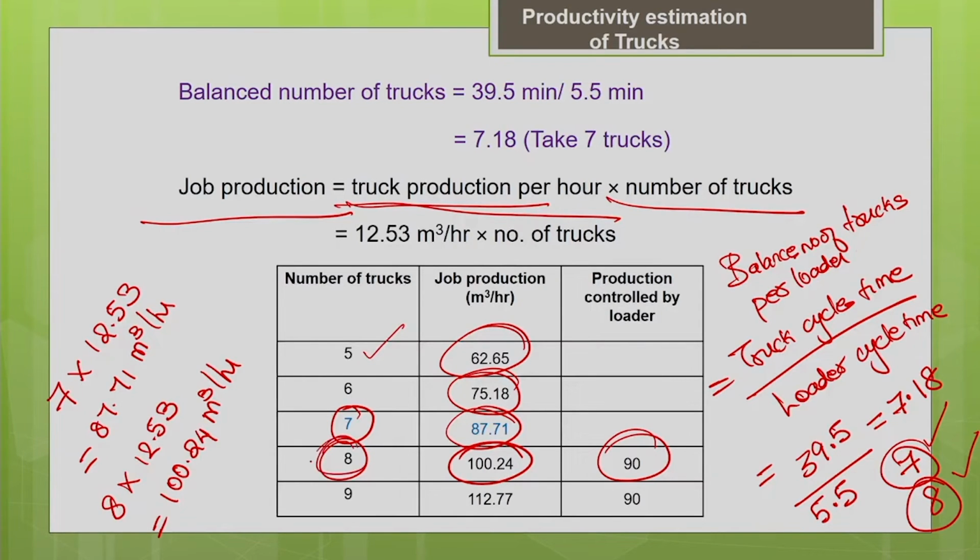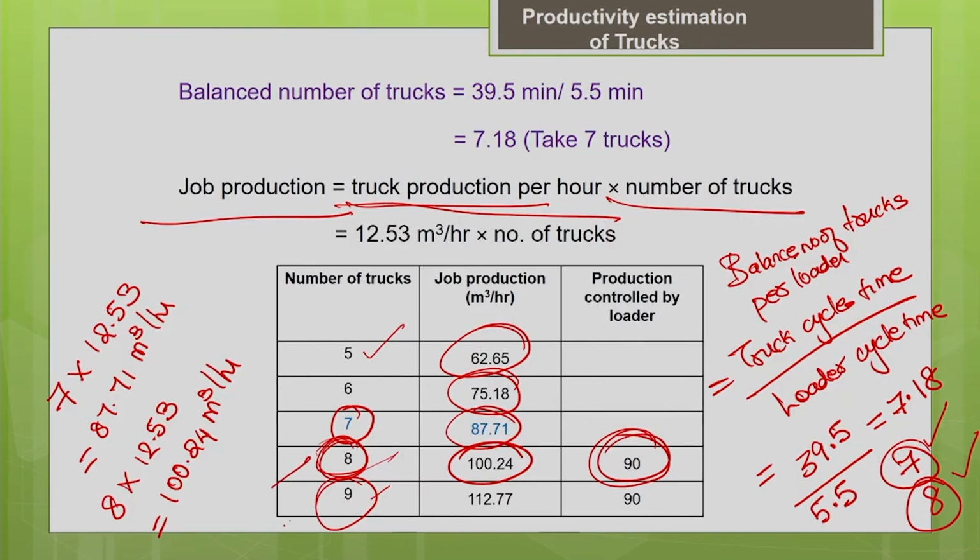Though you have 8 trucks or 9 trucks, the trucks will simply be waiting for the loader. That is why it is not preferable to increase the number of trucks beyond the balance number. So, we cannot go beyond the productivity of the loader.